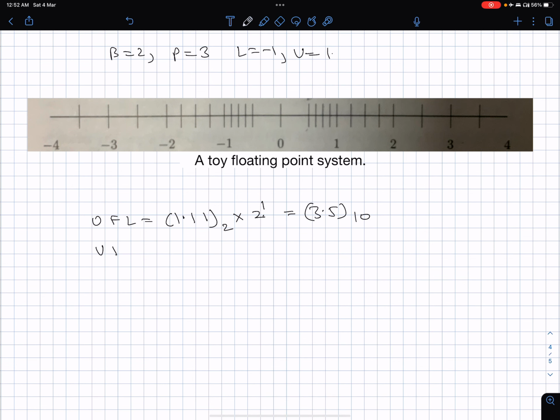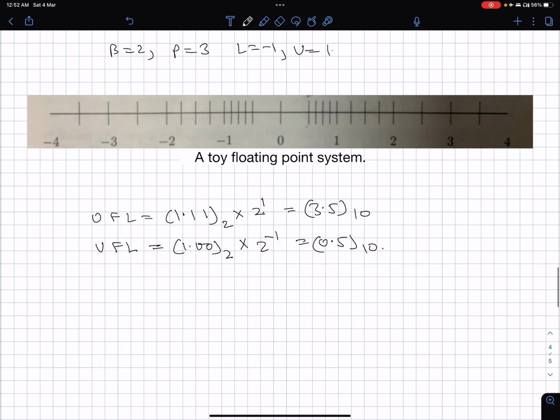And if you look at the underflow limit, not the overflow, the underflow, both these bits you will set to 0. The D0 bit anyway has to be set to 1, and the exponent should be set to the lowest value, so 2 to the power -1, which is 0.5 in base 10.